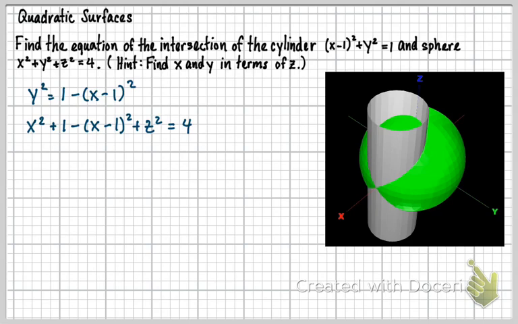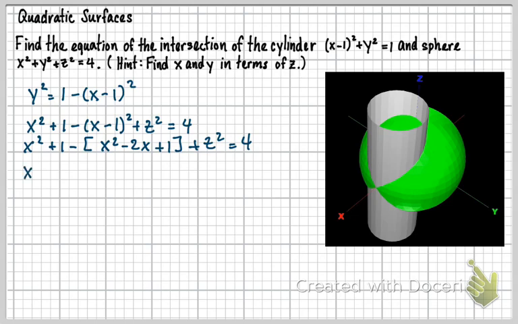So that means I'm going to get x squared plus 1 minus, and I'm going to use a bracket here to separate the inside of this. This is going to be x squared minus 2x plus 1, plus z squared equals 4.